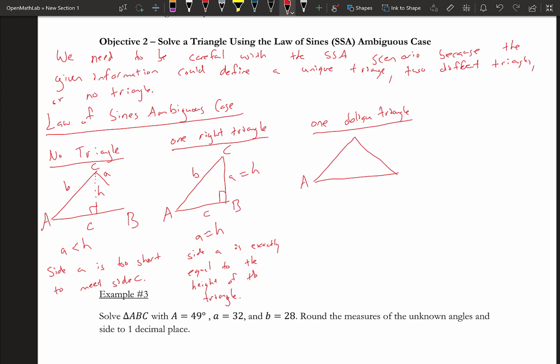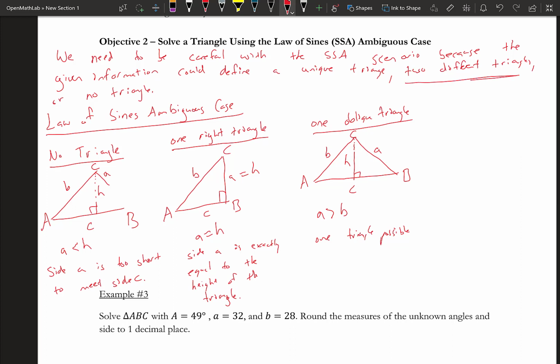So it's A, B, C. So this would be A, little b, little c, and then we would have some height of the triangle. So in other words, A is going to be greater than B, so you only get one triangle possible. So the oblique triangle and the right triangle, that's the option where we get one unique triangle. So there's two options for that, and then we've looked at the no triangle.